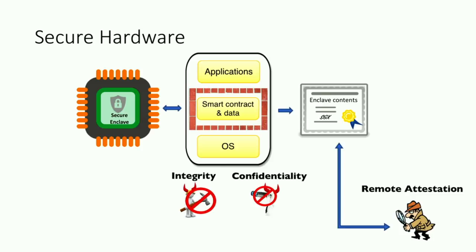At the same time, the hardware provides a hardware-based mechanism for remote attestation, such that a remote verifier can remotely verify what has been run inside the secure enclave and its initial state.